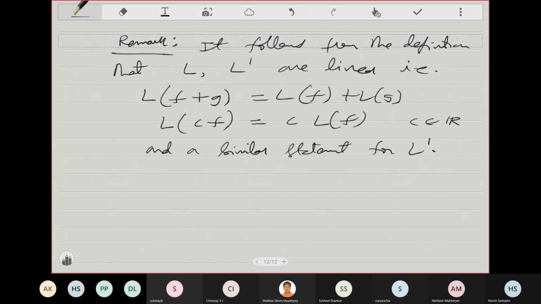If you work with Riemann sums, even in the one variable case, it's not difficult, but you have to go through the upper sums and lower sums to prove these statements. Here we just invoke the one variable linearity and get it immediately.